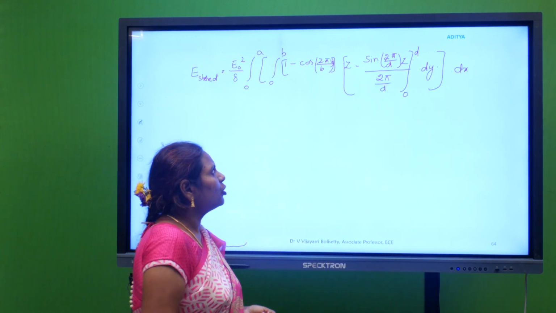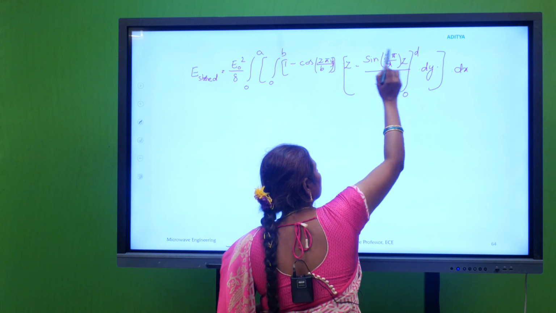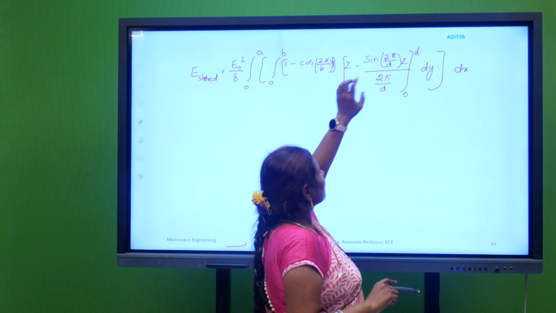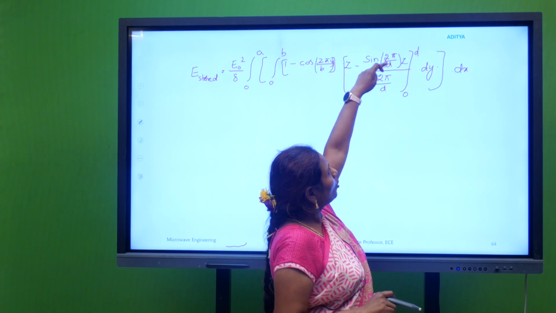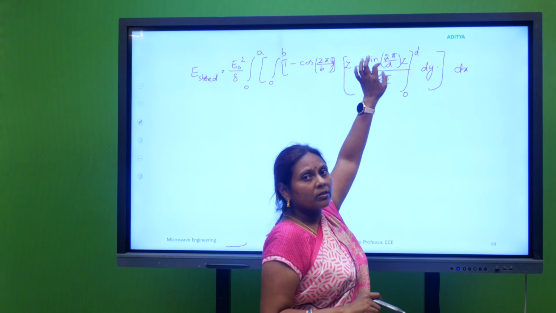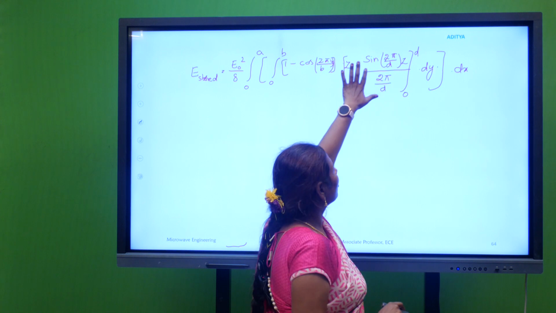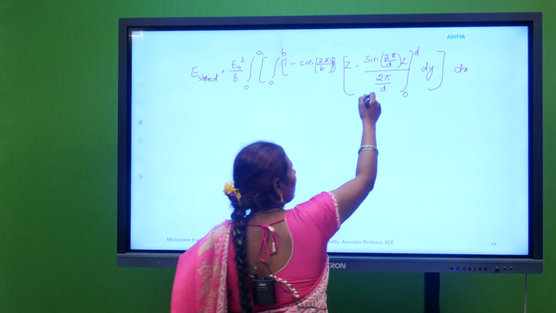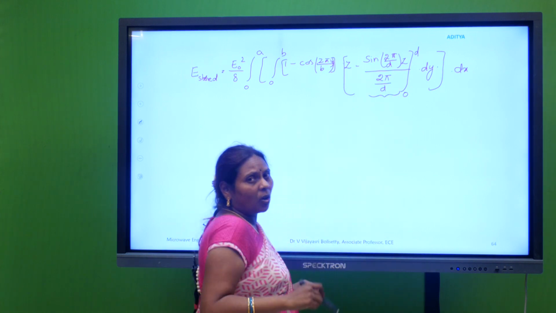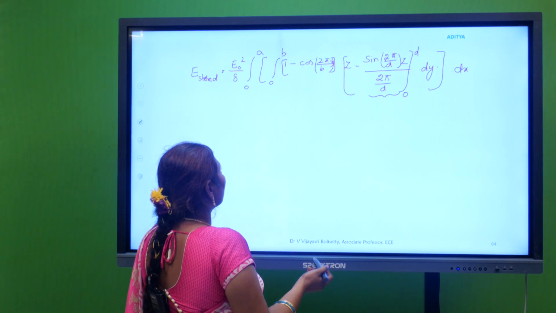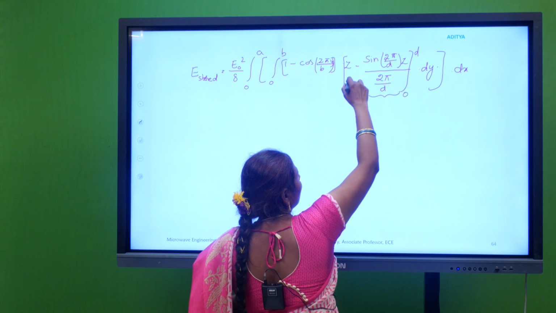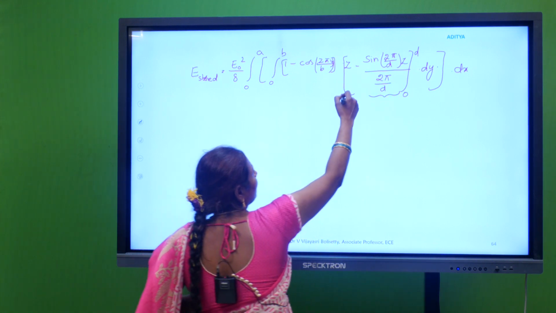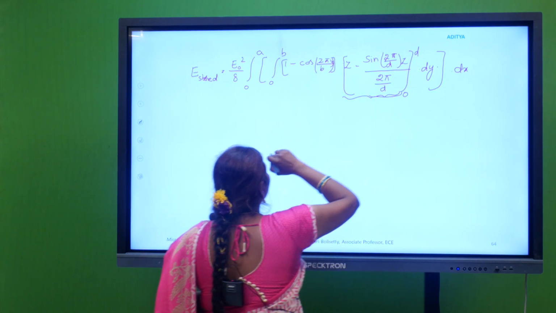When we substitute d in the upper limit, this sine function becomes sine 2 pi, which is 0, and for the lower limit it becomes sine 0, that is also 0. So this term will vanish, and we get d minus 0, so this entire value results in d.